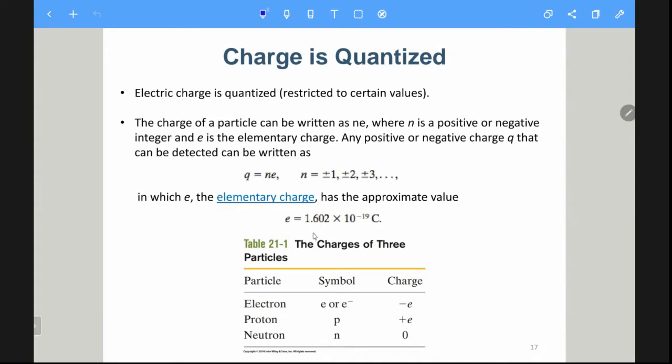And as you have learned in the chemistry class, we know some of the fundamental particles known as the electron, proton, and neutron. The electron has a negative e, the proton has a positive e, and the neutron has zero charge, electrically neutral. So this is nothing special.